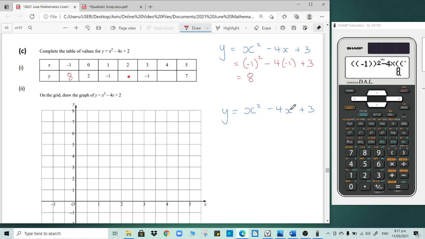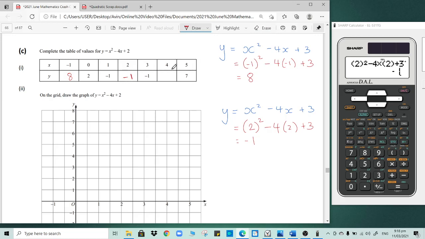We just have to replace x with that value, which is 2. So put 2 squared minus 4 times 2 plus 3. Open brackets, 2, close brackets, squared, minus 4, multiply by open brackets, 2, close brackets, plus 3. And I get minus 1. So over here, it's supposed to be minus 1.